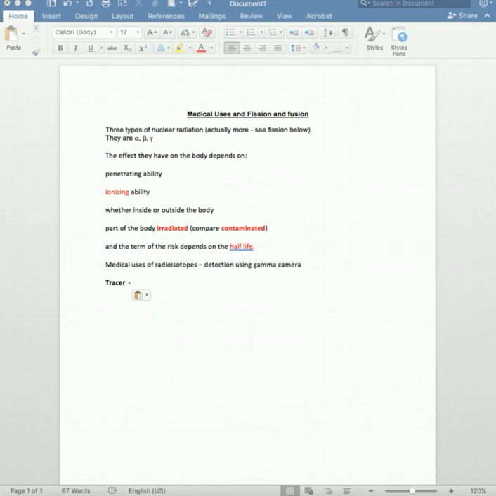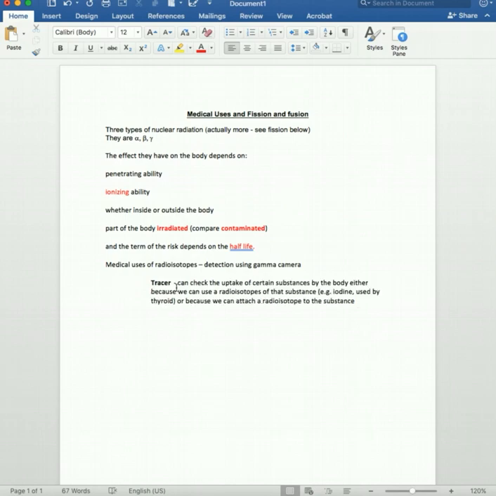For example, iodine is used by the thyroid gland to make thyroxine, which is the growth hormone. And we have a radioisotope of iodine, so we can inject that radioisotope into the body, and we can follow its path, its uptake, by the thyroid gland in the neck.